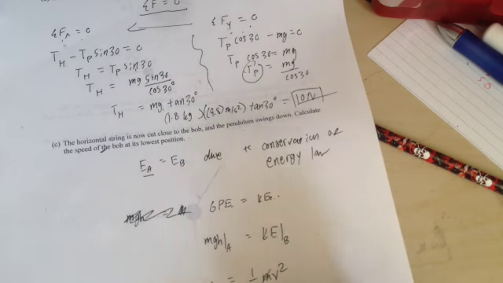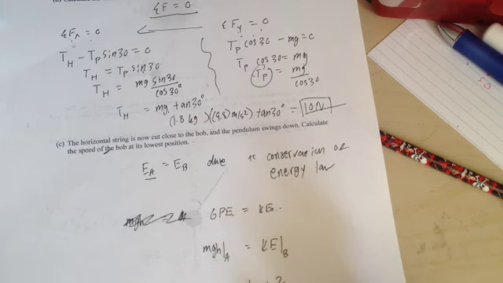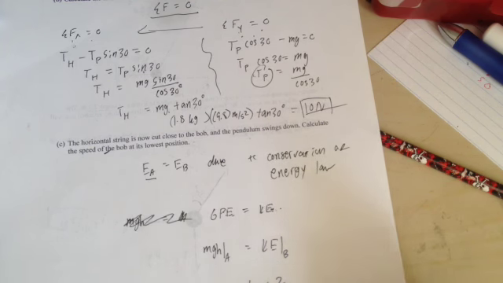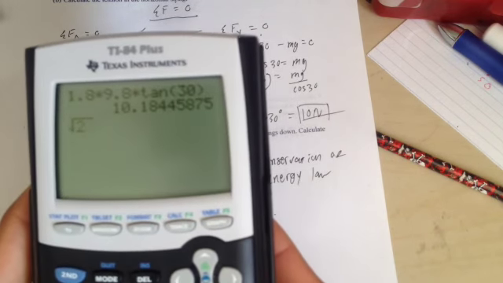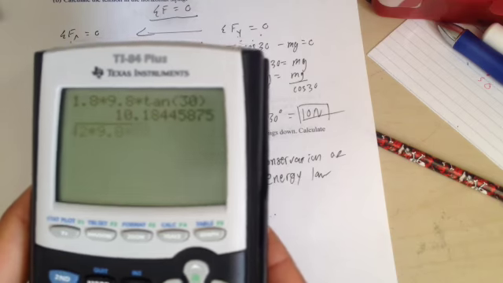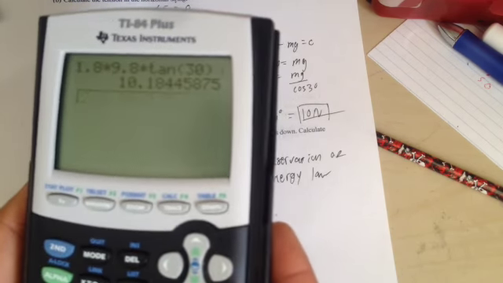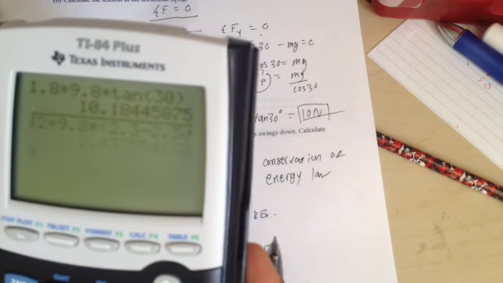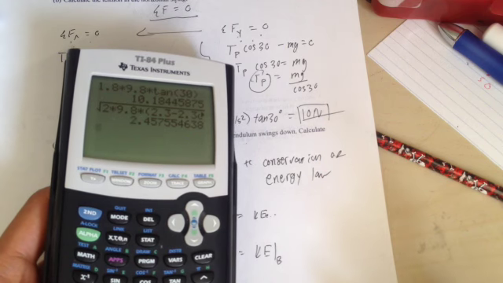So v is equal to the square root of 2 times 9.8 times (L minus L cosine 30). Doing this will get you square root of 2 times 9.8 times (2.3 minus 2.3 cosine 30), which is equal to 2.45, which with significant figures is 2.5 meters per second.